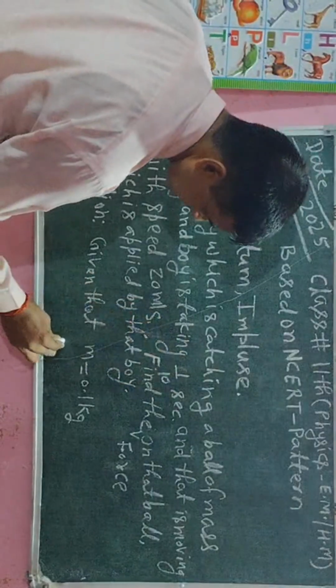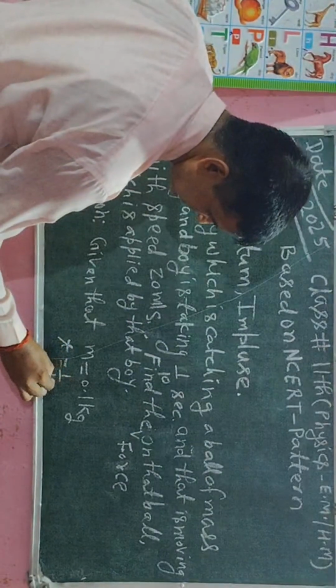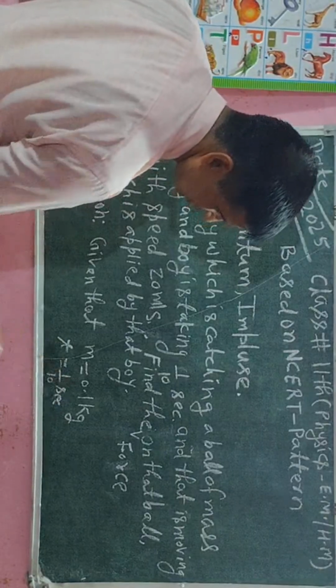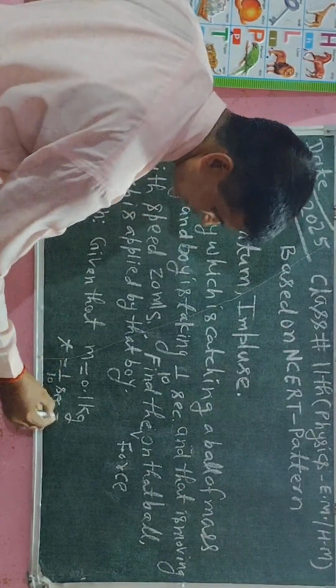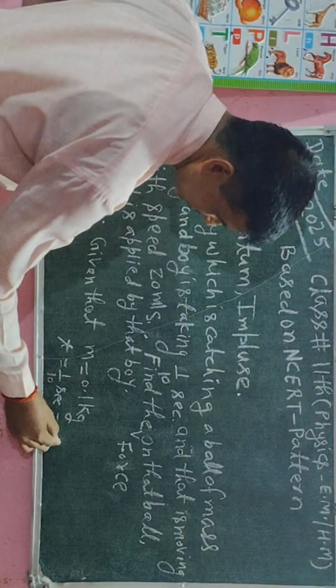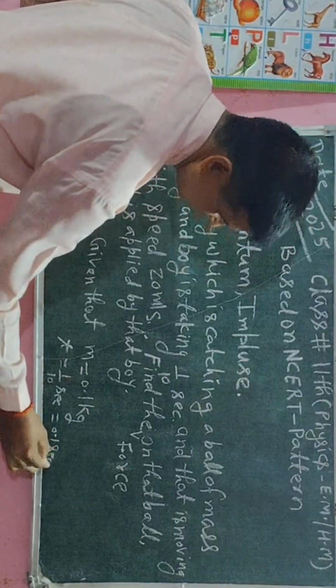So it means that I can write here T is equal to 1 divided by 10 seconds. This is the information which is given in the question. After simplifying, 1 divided by 10 will be 0.1 second. So this is the required information I have written.